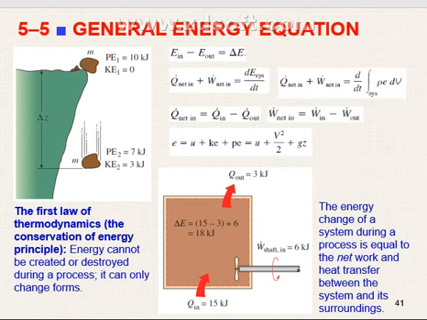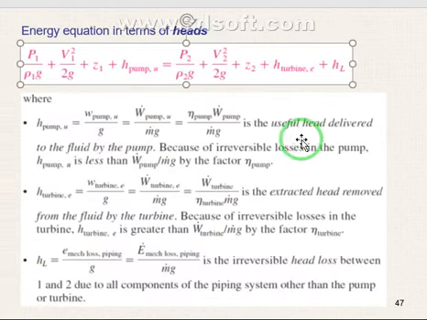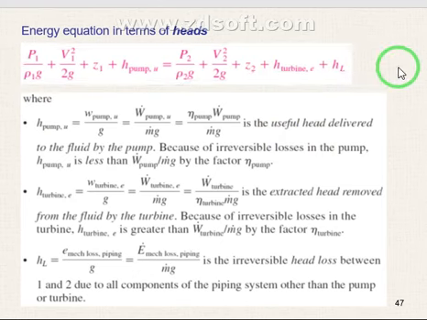Let me just show you the outcome from all these things. I need you to look at this equation. It's the Bernoulli equation, the same as typical, just we add the head of the pump at the left side. If we have a turbine, we add the head of the turbine at the right side, and we have head losses.